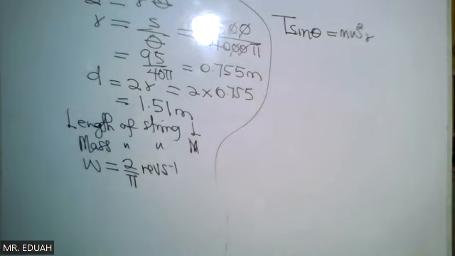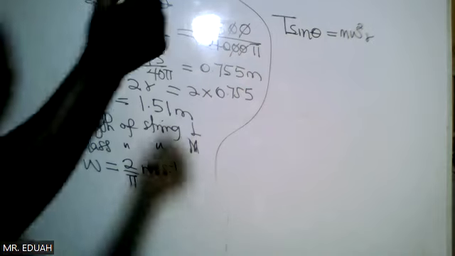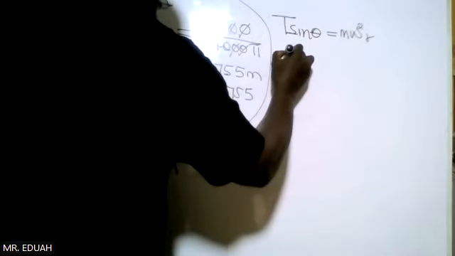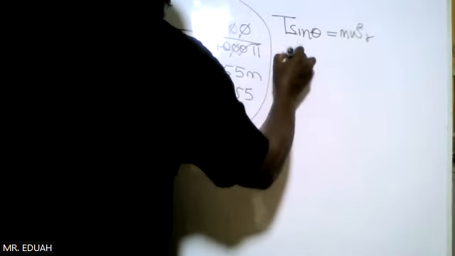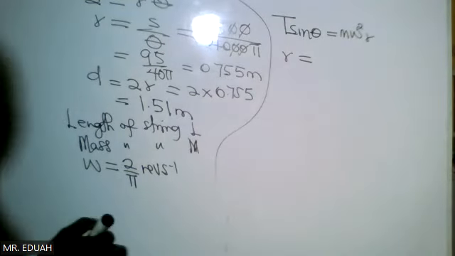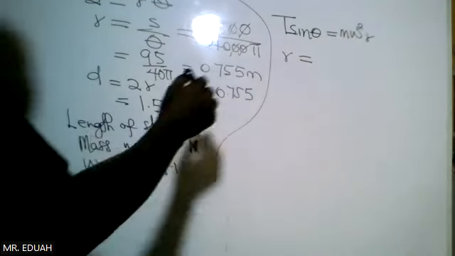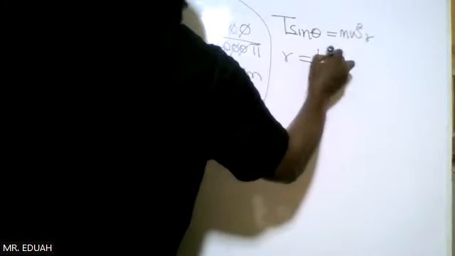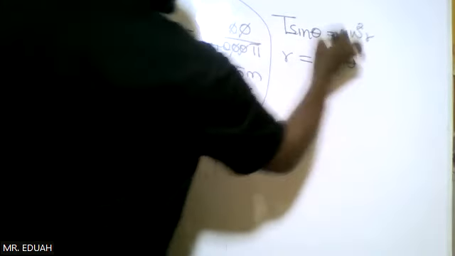I'm representing it as this because we have angular velocity. Then the radius of the circle is also L sine theta.